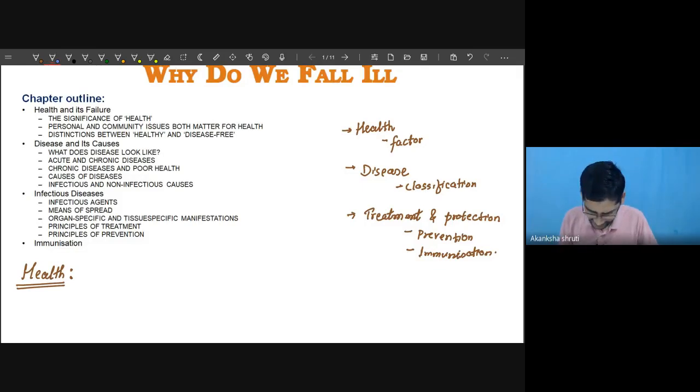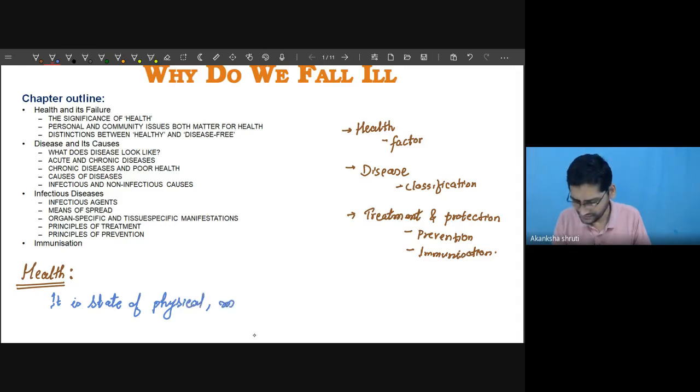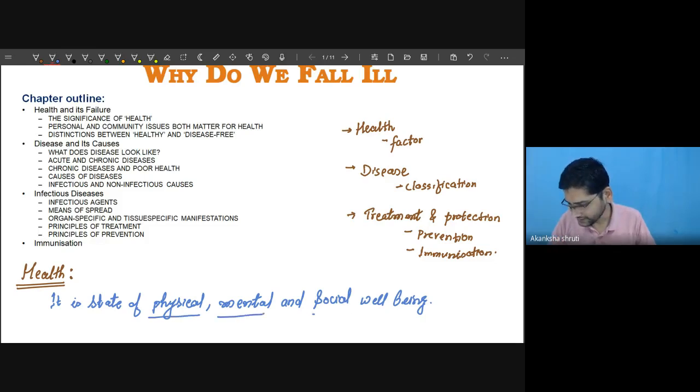So this includes all the three things. One is physical, another is mental, another one is social.